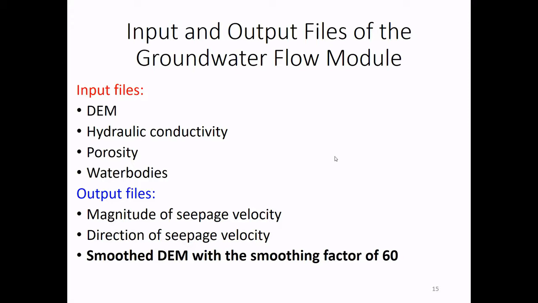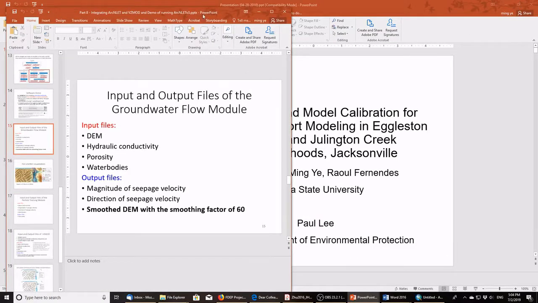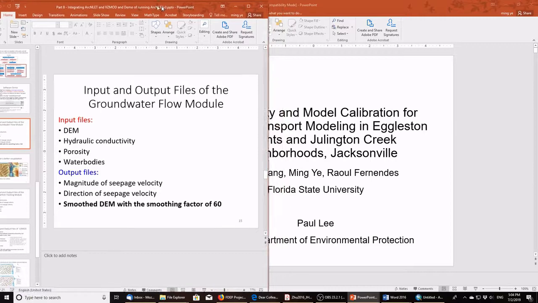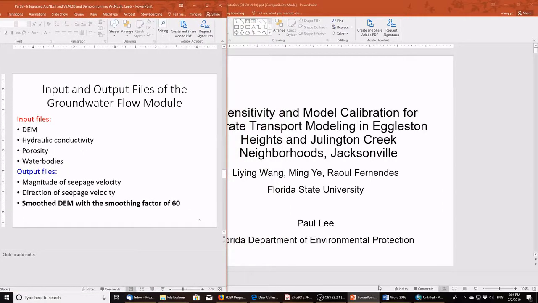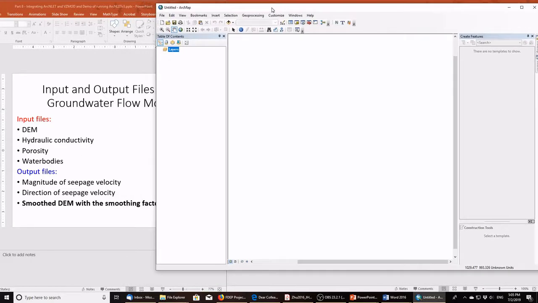So now I'm gonna run the model together with you. So I will put this on one side, and then I will put ArcNLET on the other side, so you can run it side by side.